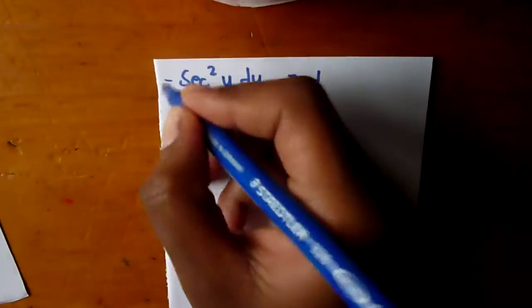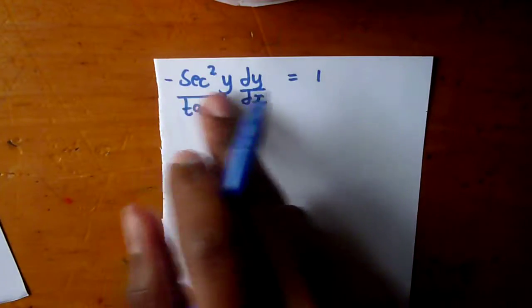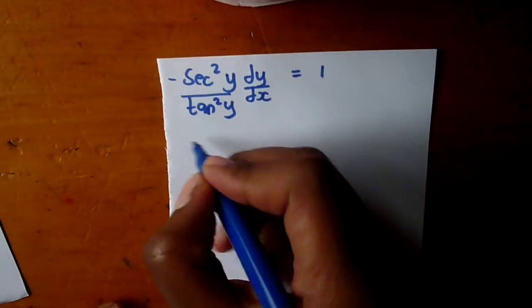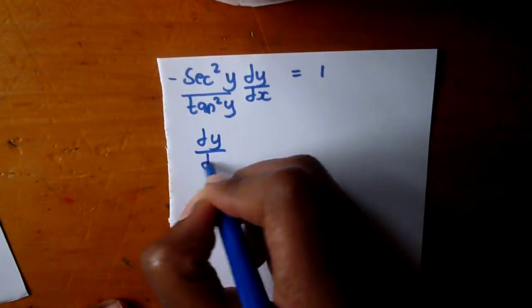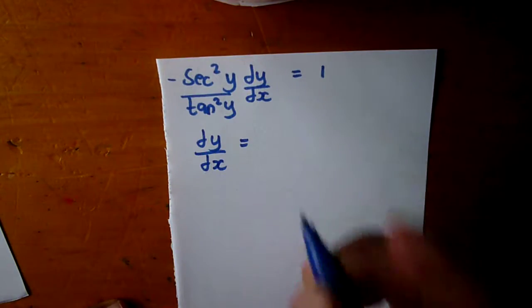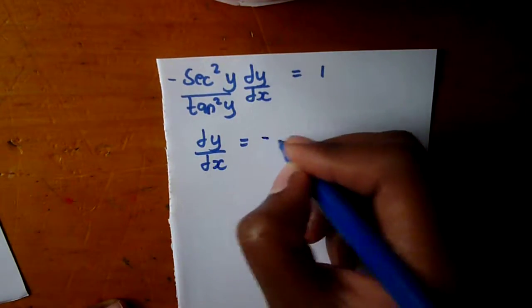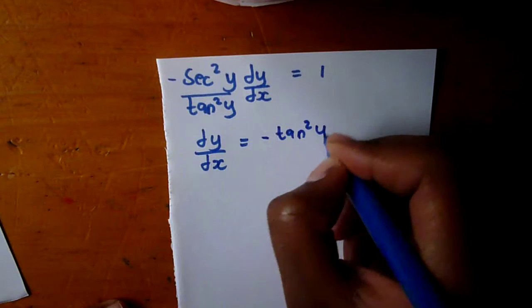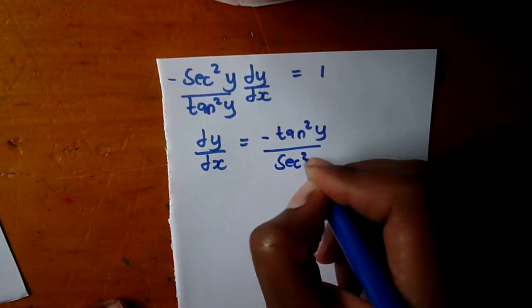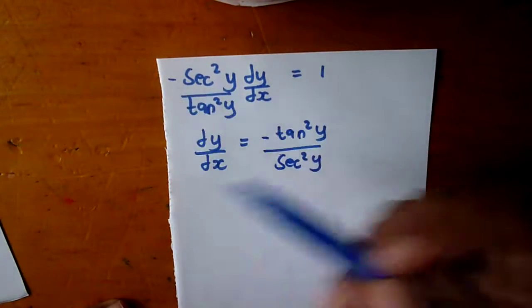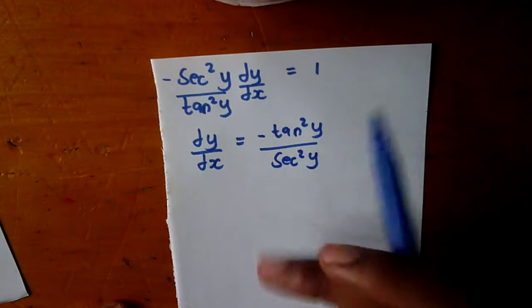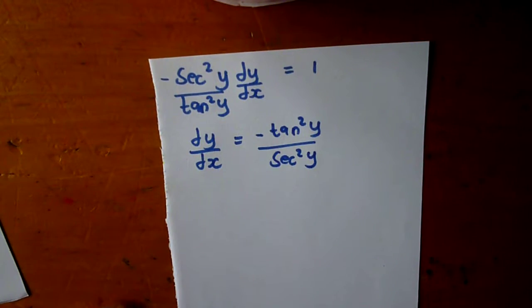So we'll multiply both sides by tan squared y over negative sec squared y to obtain dy over dx, which is what we are looking for in the first place, equals negative tan squared y all over sec squared y. No matter where you place the negative, it's still the same thing.